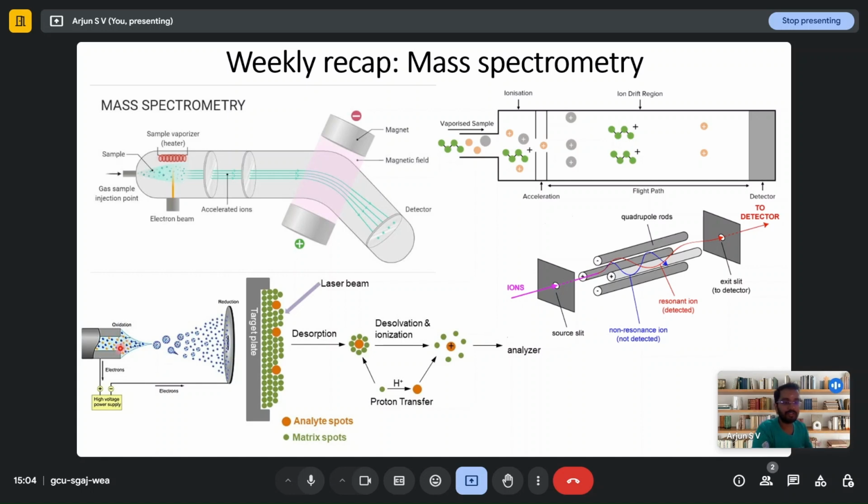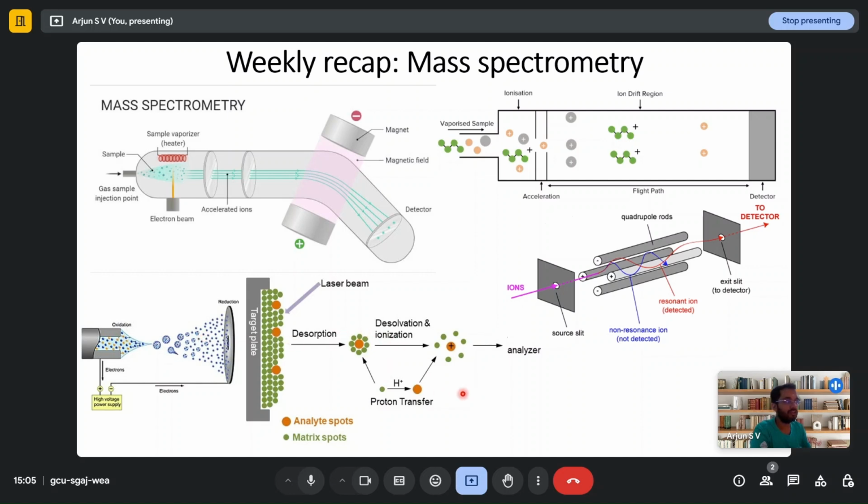Your samples eventually form very small, fine droplet-based charged ions, which are then accelerated at a very fast rate to reach the collector. This is the electrospray ionization method, and this is a form of liquid ionization.